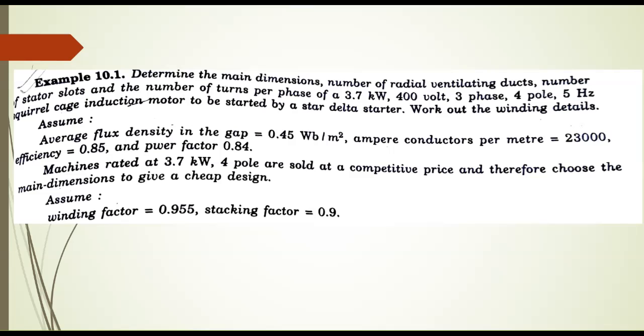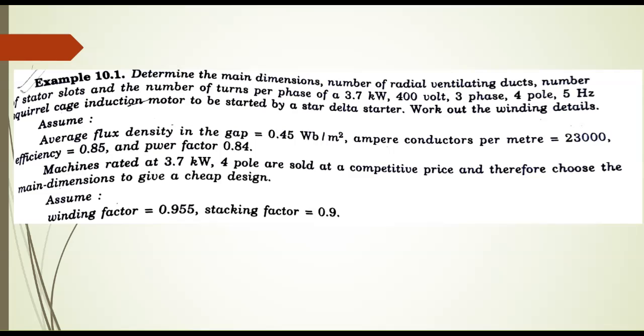Work out the winding details. Assume average flux density in the gap is 0.45 Weber per meter square, ampere conductors per meter is 23,000, efficiency is 0.85, and power factor is 0.84.